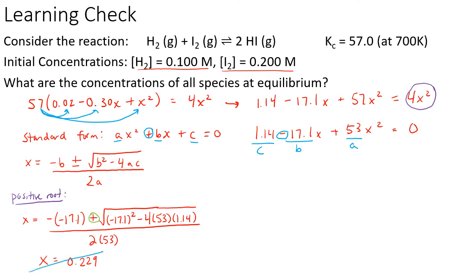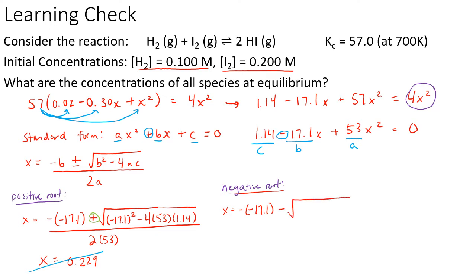So now we're going to check the negative root. And we would have x equals negative times negative 17.1, so negative b. Then we're going to have a minus here.